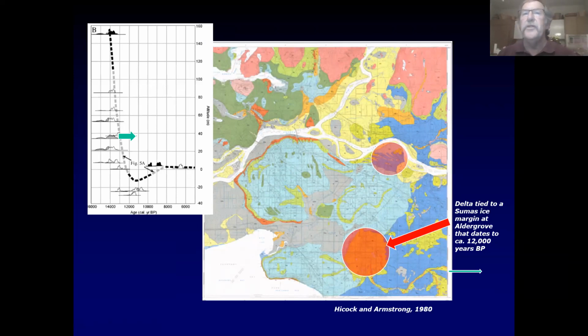And we think, again, it probably dates to near the time that the flood occurred. The flood occurred after that, but not much after that. So that allows us to link an ice margin to a sea level position, and the sea level position as a maximum to a time when the flood occurred.